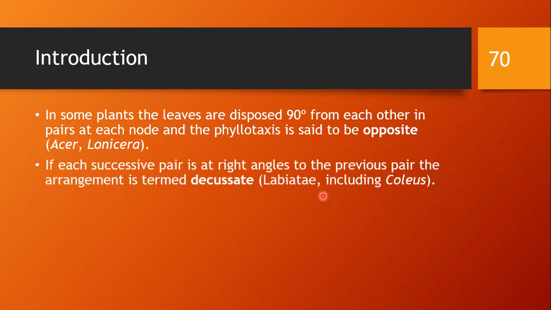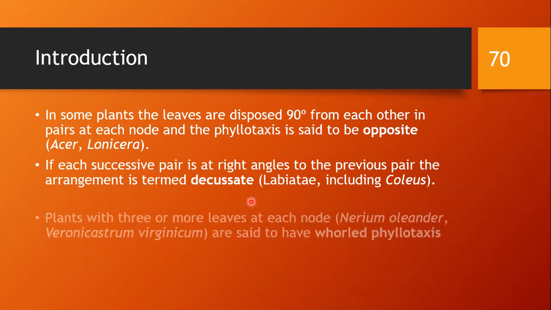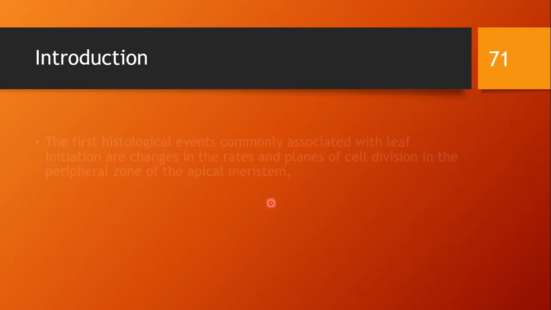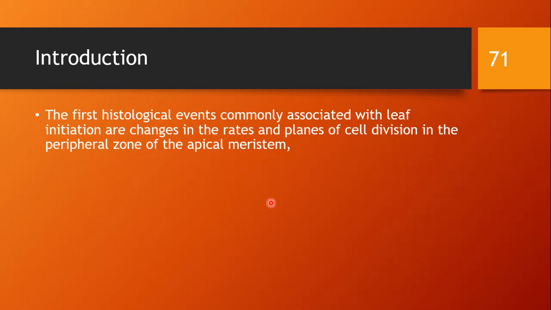If each successive pair is at a right angle to the previous pair, the arrangement is decussate, and if there is more than one leaf at each node, that phyllotaxy is called whorled. These are the various types of phyllotaxies which we have studied previously. But since we are starting our classes from today, it was necessary to start our topic from scratch.